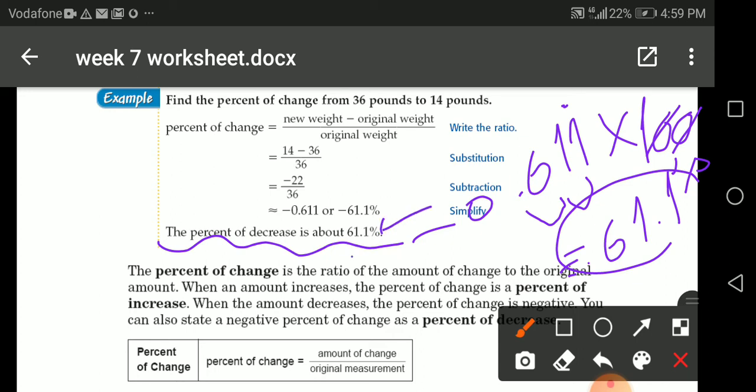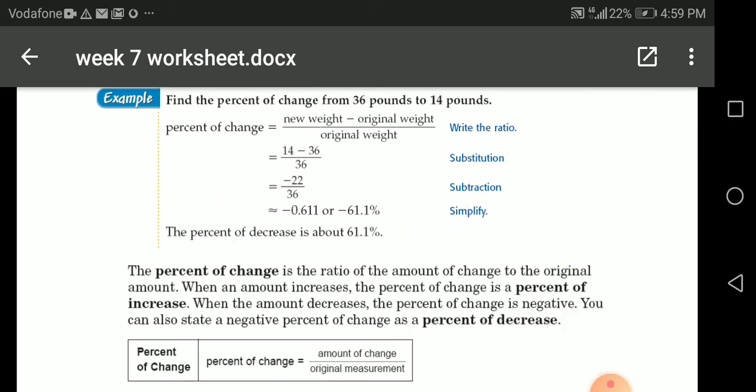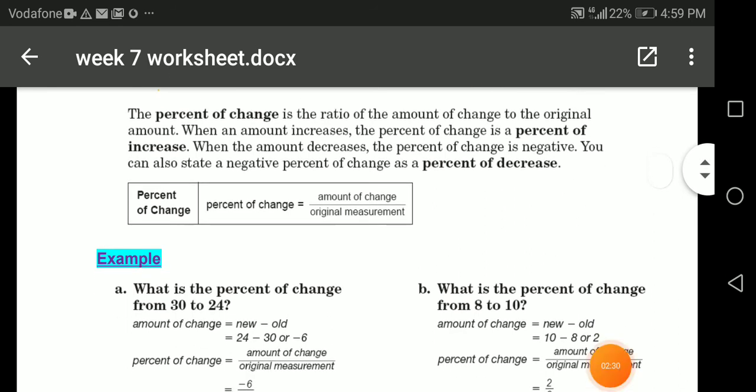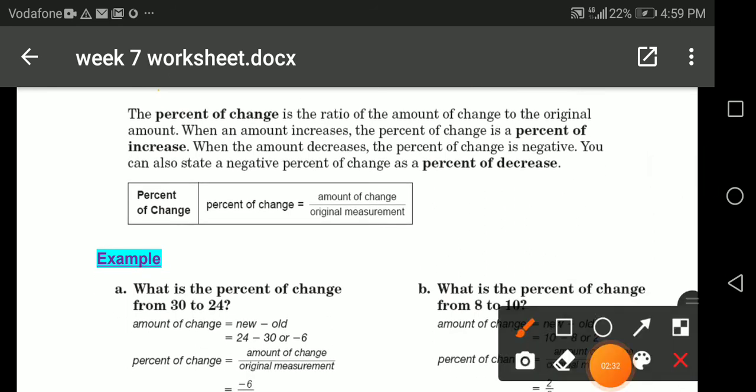Why didn't you write the negative sign here? Because I mentioned that it's a decrease, the percent of decrease. Okay, the percent of change, guys, is the ratio of the amount of change to the original amount. When an amount increases, it will be positive, right? When the amount decreases, the percent of change is negative.